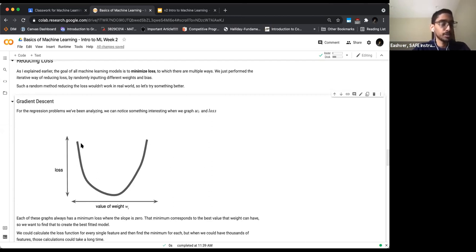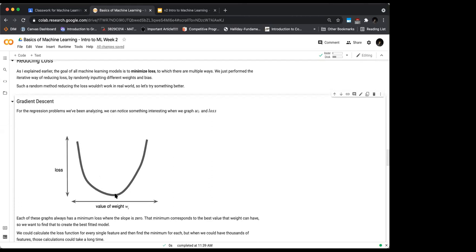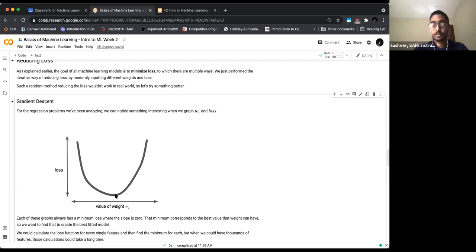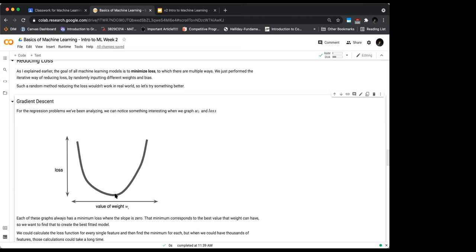We put in random values of W, and we found points on this graph, but we never found the actual minimum. And as we said before, it would take a really long time since there are so many possible values for W, right?